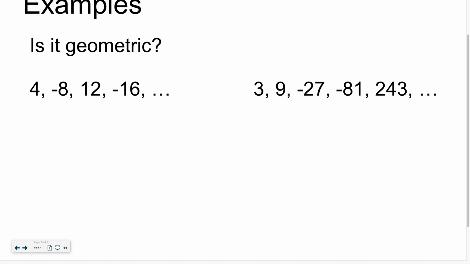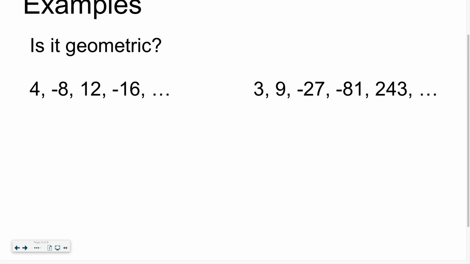Okay, I'm going to interrupt. Is the first sequence geometric? Yes? What is your r? 4. So 4 times 4 is negative 8? No?